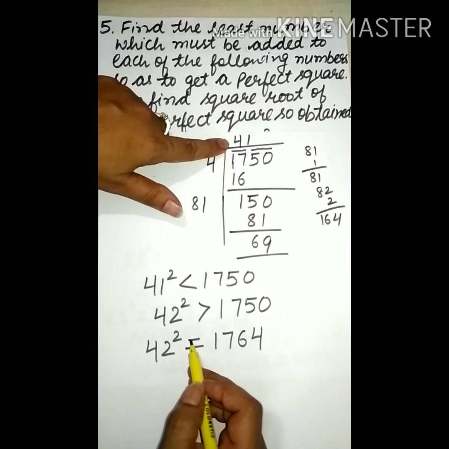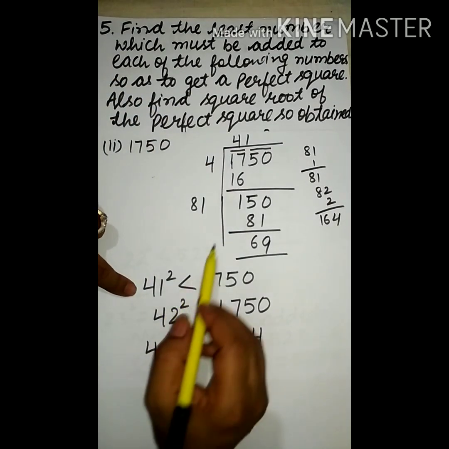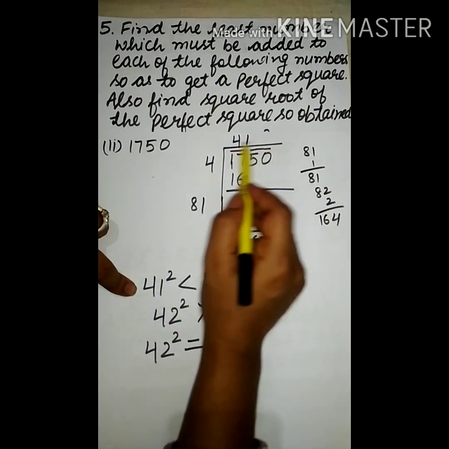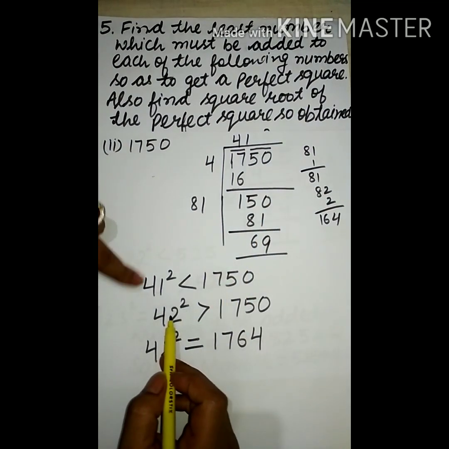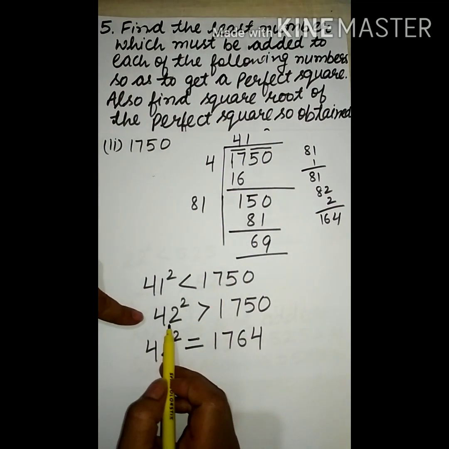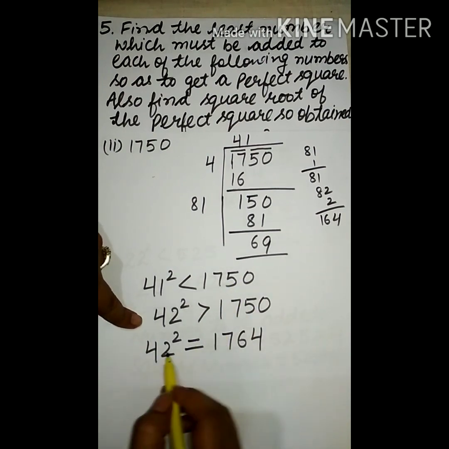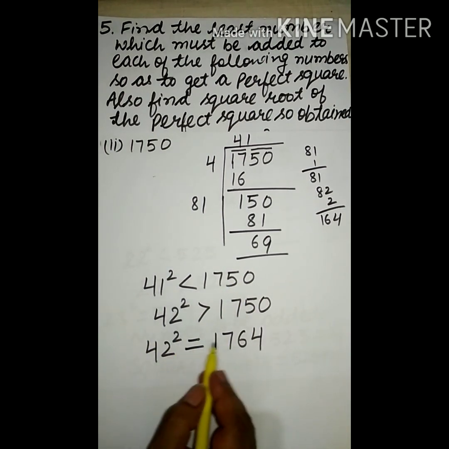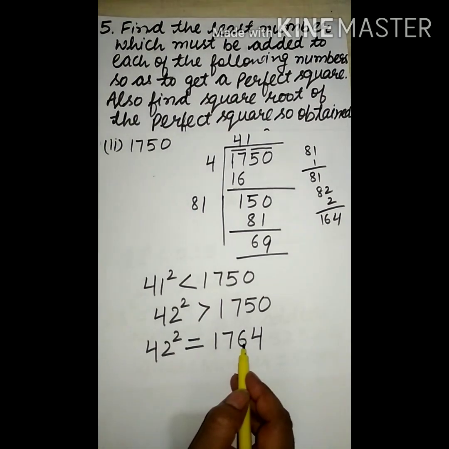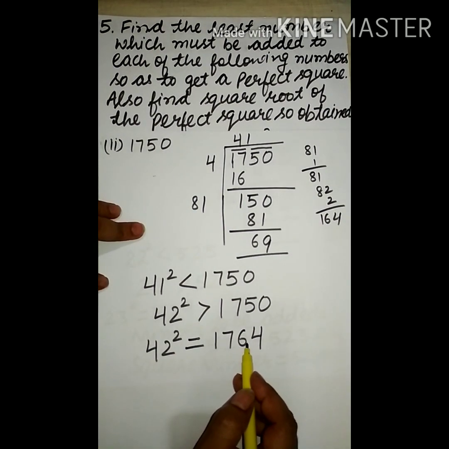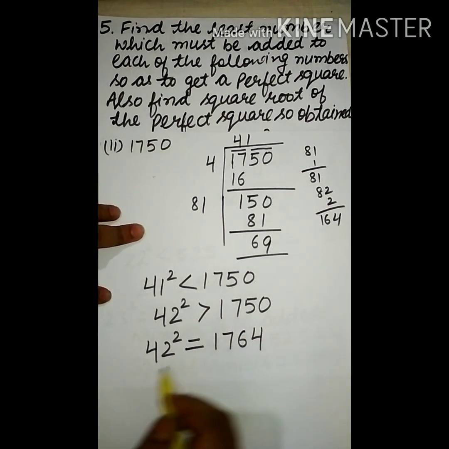Whatever be the quotient, the square of that will always be lesser than the given number. So ultimately the square of the next number will be greater than that given number. So I'll find the square of the next number, and the difference of these two numbers will be the smallest number which must be added to the given number.